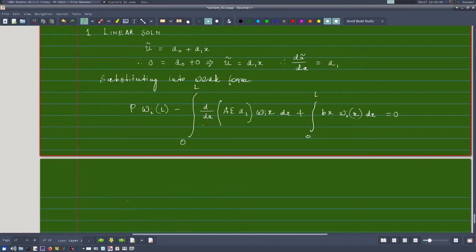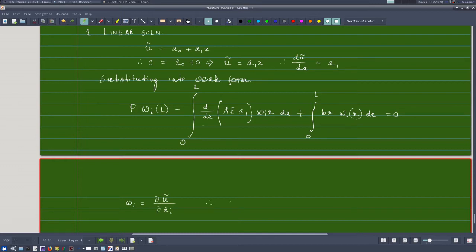So my partial derivative, or the weight function w_i, is ∂ũ/∂a_i.